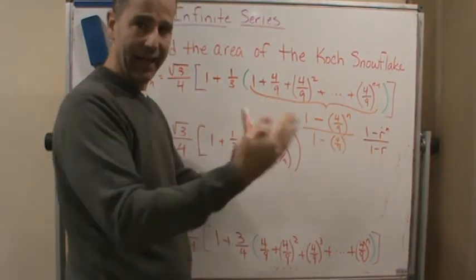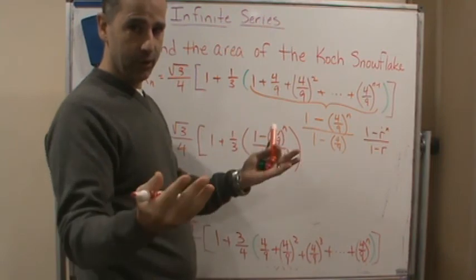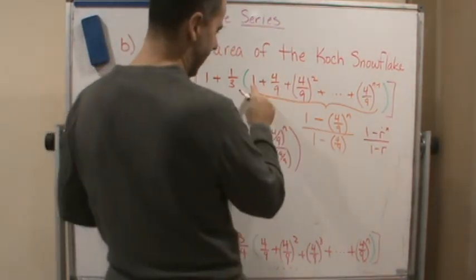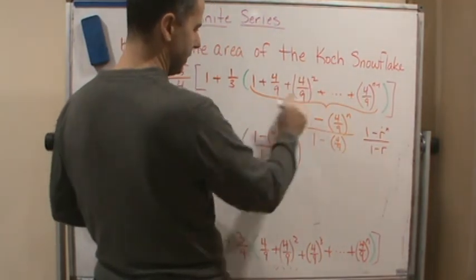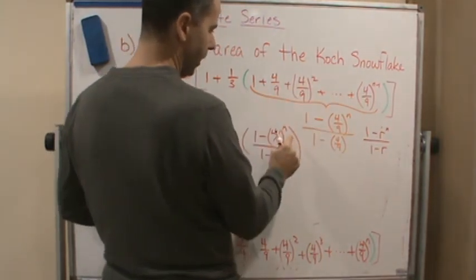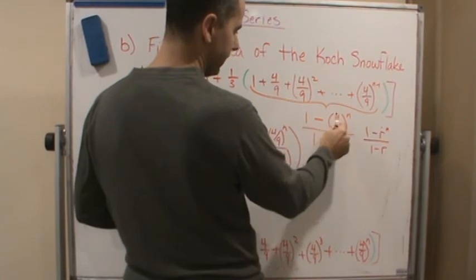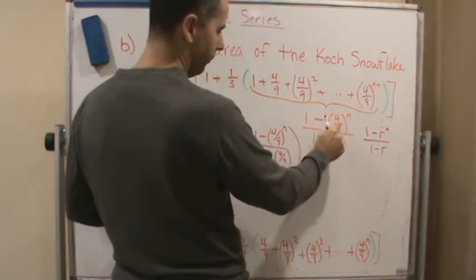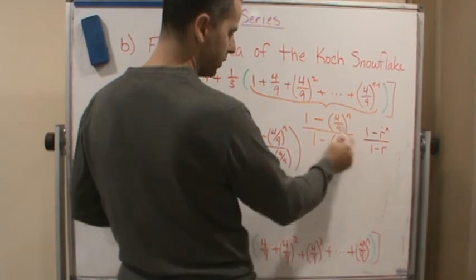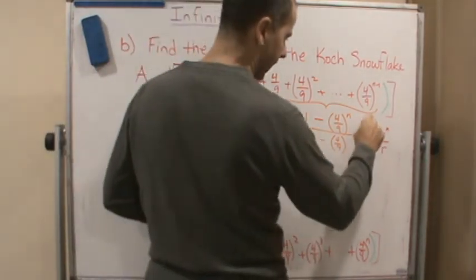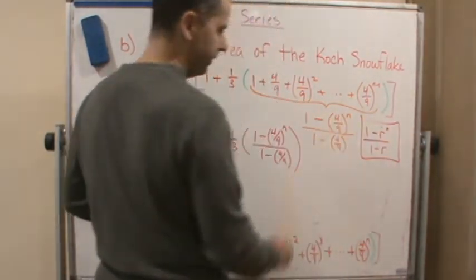So that way, again, it's 6/2 of the other, okay? So in this case, a is 1, right? If you just focus on what's in the parentheses, a is 1, right? So then it's 1 minus 4/9 to the nth power divided by the quantity 1 minus 4/9, which is again that expression there.